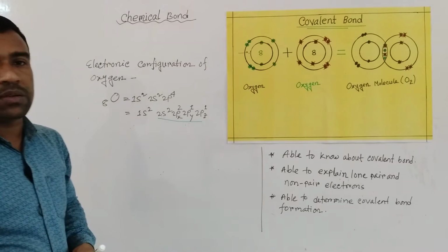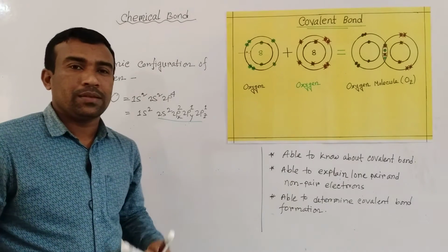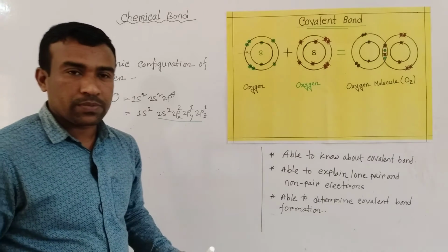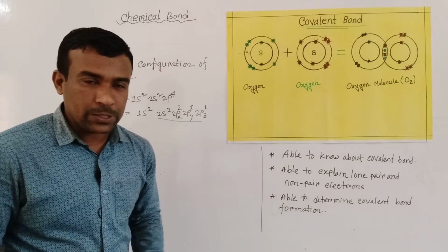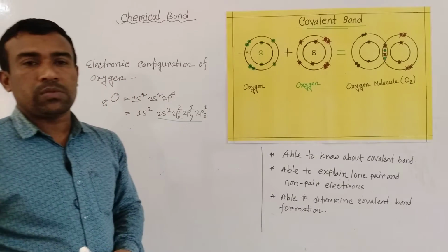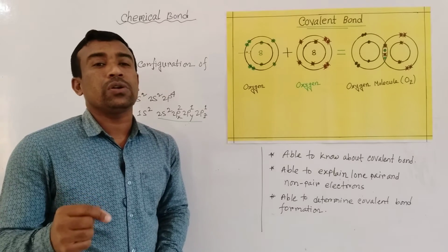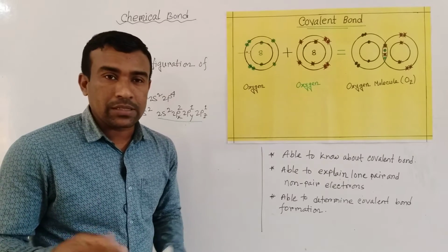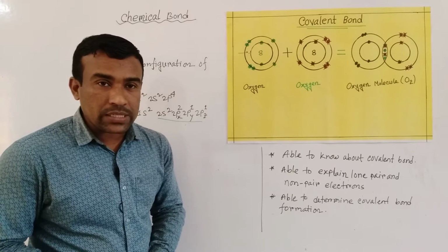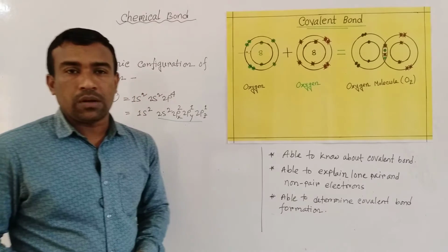The condition for covalent bond is that the bond will be formed between 2 or more than 2 elements by sharing electrons. So what is the definition of covalent bond? When 2 or more than 2 nonmetals join together by sharing electrons, this bond is called covalent bond, and this compound is called covalent compound.